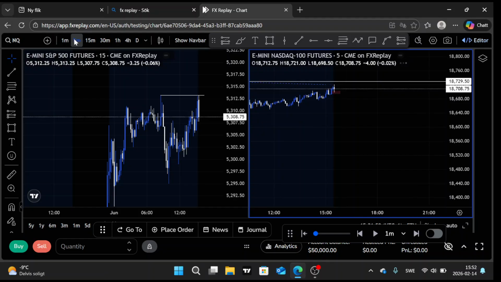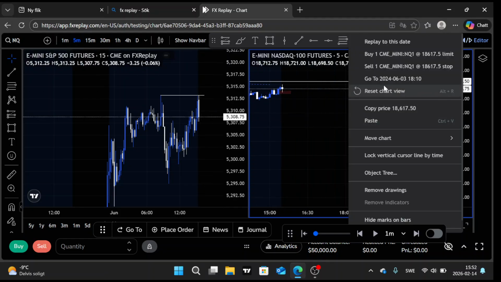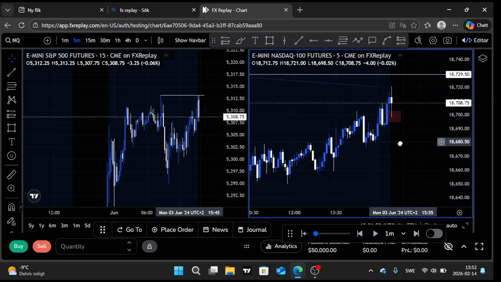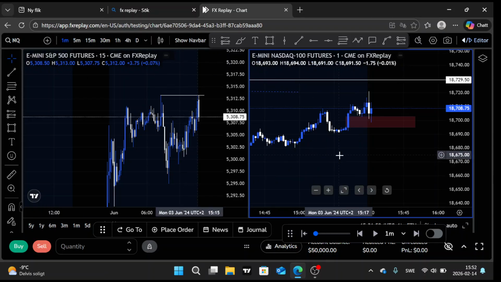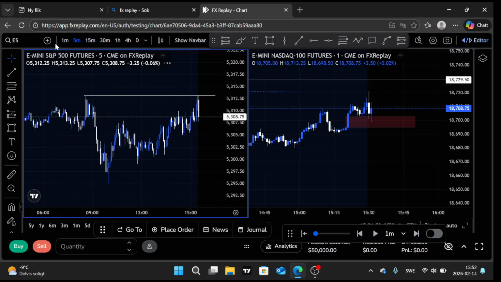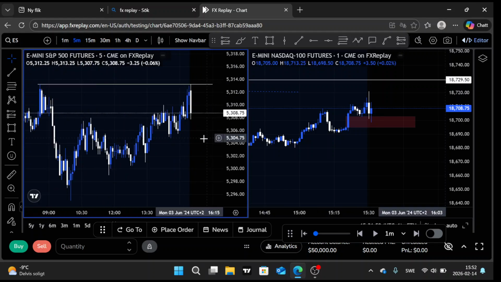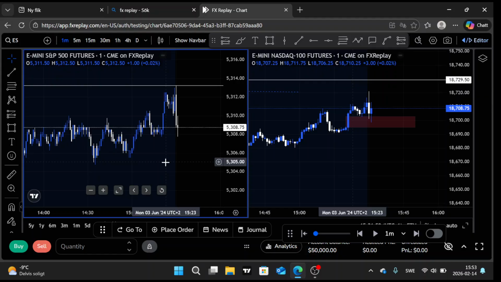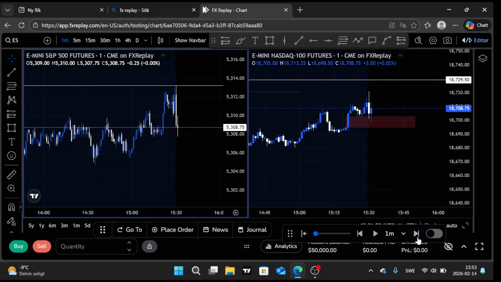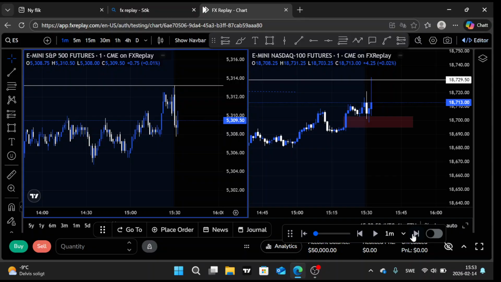So 5 minutes, I am still waiting. Here we go. On ES we kind of want to disrespect this Ferrari gap, but we are still inside the Ferrari gap, so I would like to be patient and wait.